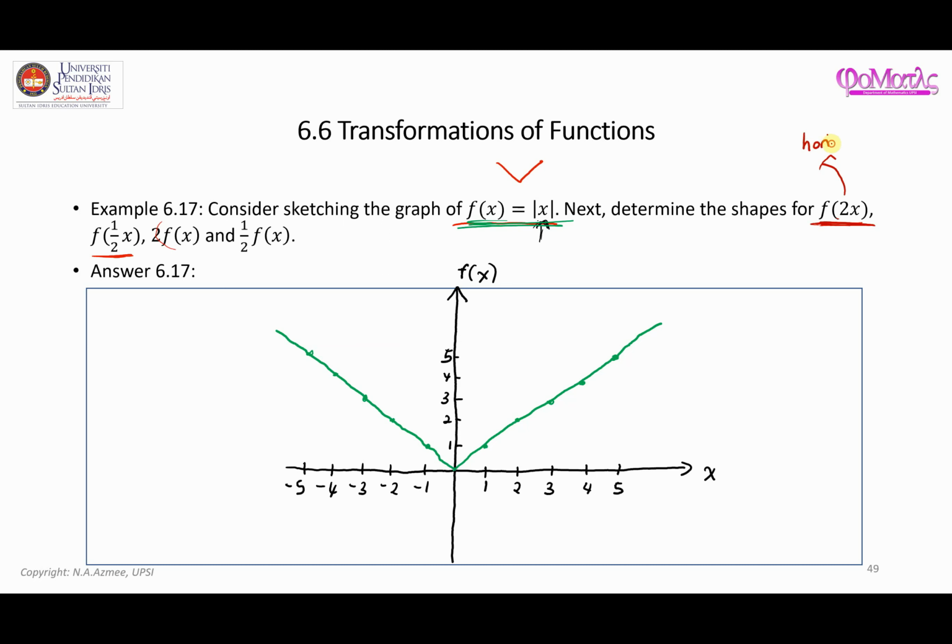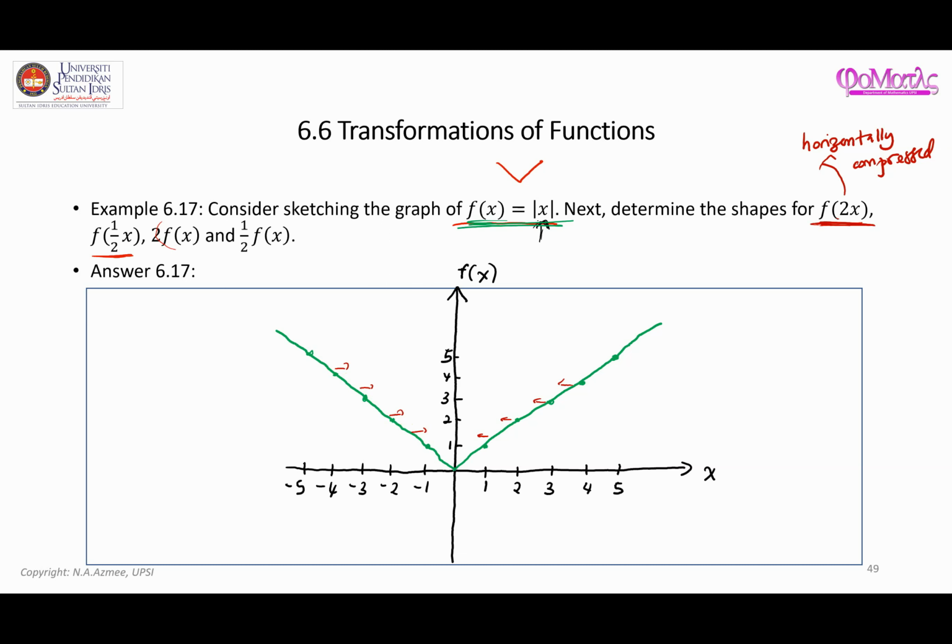I'm just going to write it down. So this is horizontally compressed, the original function. This is the original function. It will be horizontally compressed. You can imagine having this point here going inside. Everything will be compressed horizontally. So this one will also be going inside.